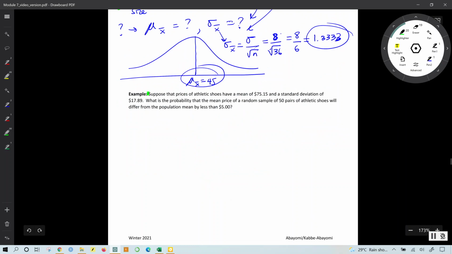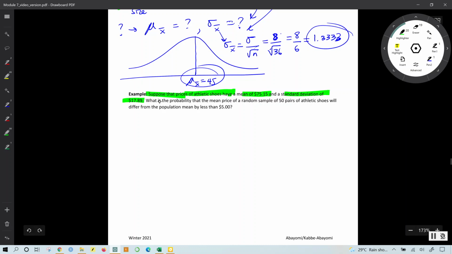This says that suppose that the prices of athletic shoes have a mean of $75.15 and a standard deviation of $17.89. Take note, we do not know the distribution of the prices of athletic shoes in this case, which is very typical of what happens in the real world.